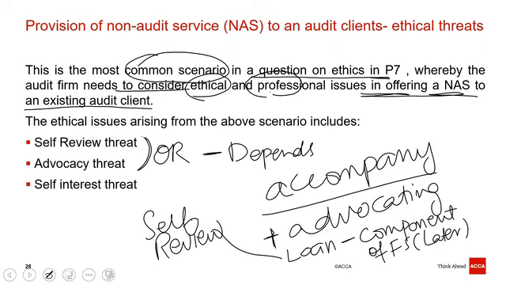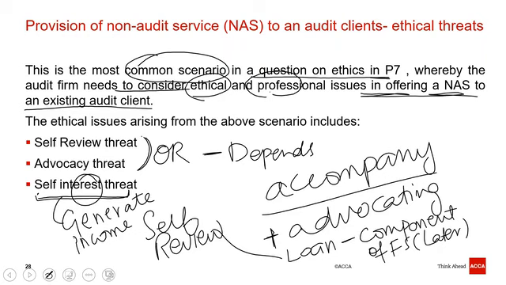Apart from the self-review threat and the advocacy threat, there is a threat known as self-interest. When you offer a service to your existing client, obviously you will generate income by providing a service, and the income you will generate by providing a service to your existing client will give rise to a self-interest threat. I normally tell my students that self-interest is by default, because if you're offering an additional service to your existing client, then every additional service means that you are generating income.